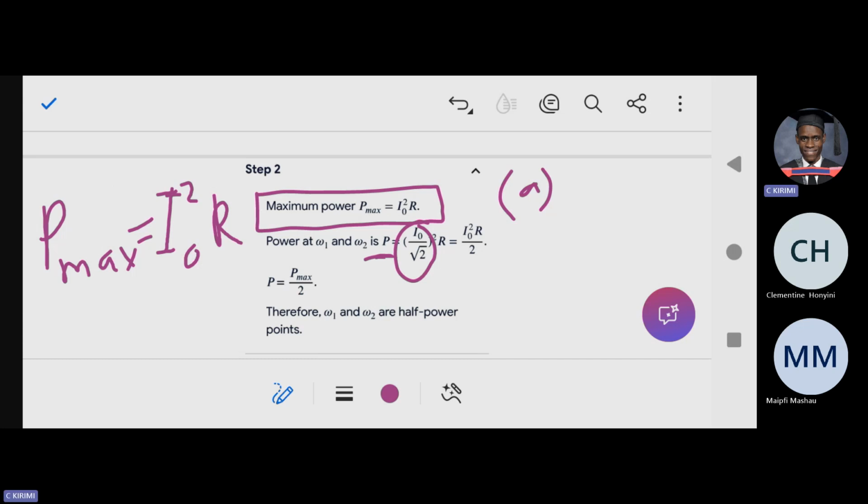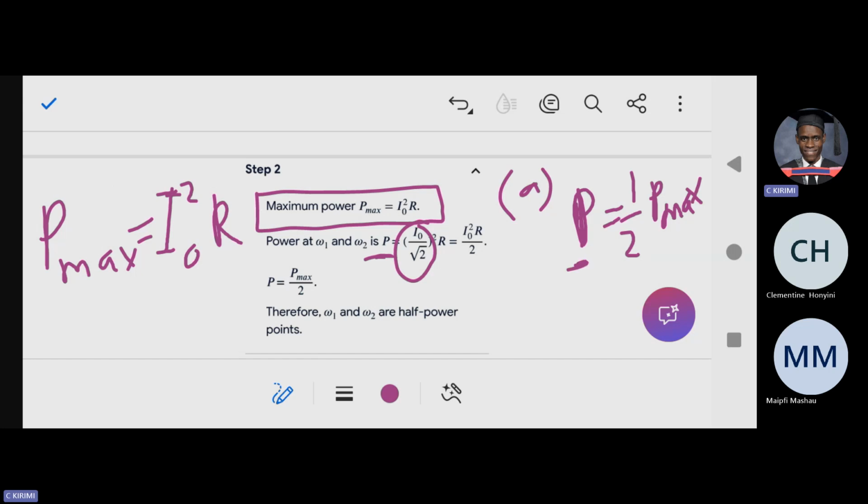So as we want the P, remember when we said if we are having a half power point, P is equal to half of P max. When we reach a point where P is half of P max, then we know that this P is a half power point. That's where we want to go.